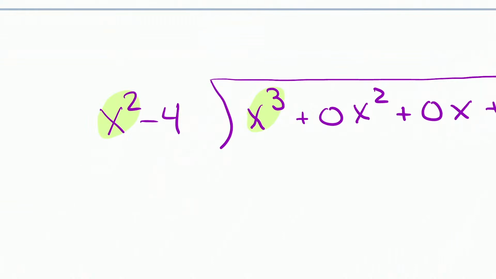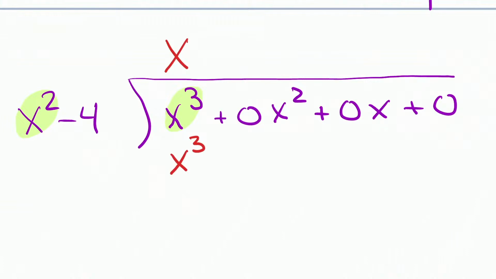And the answer is I need to multiply it by x. x times x squared is x cubed. That's all you care about. All the rest is fluff, I guess. So I'll write this down. x times x squared is x cubed. x times 4 is negative 4x.